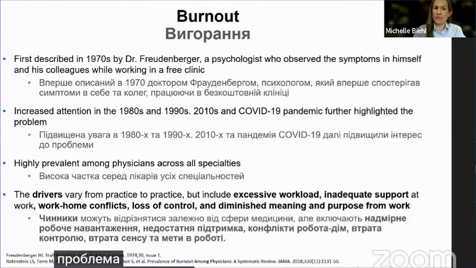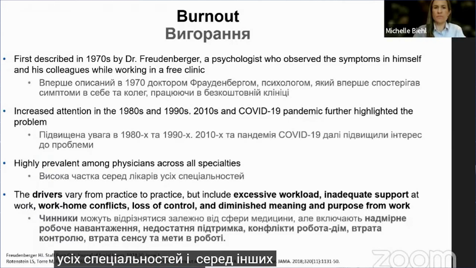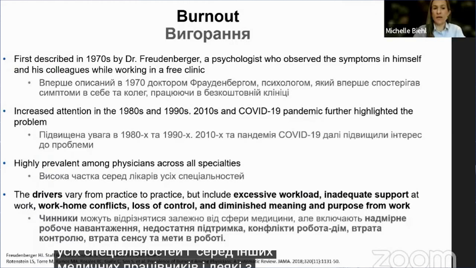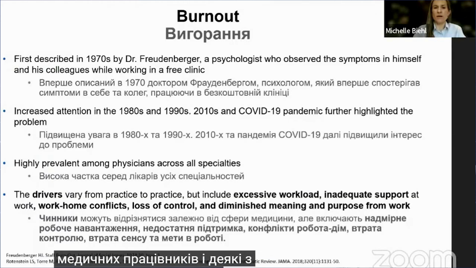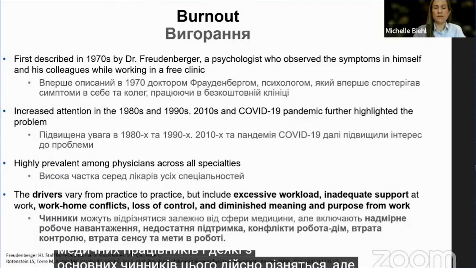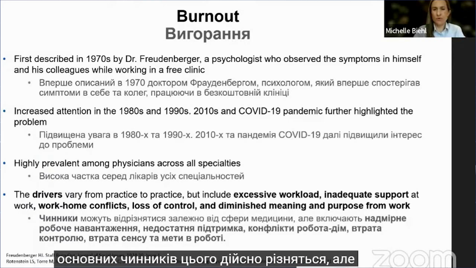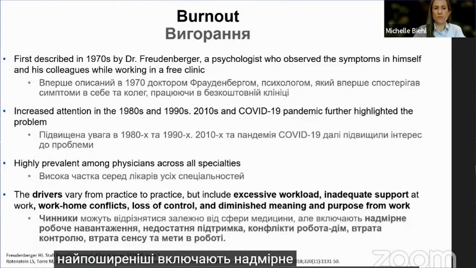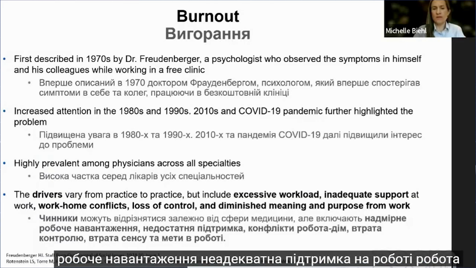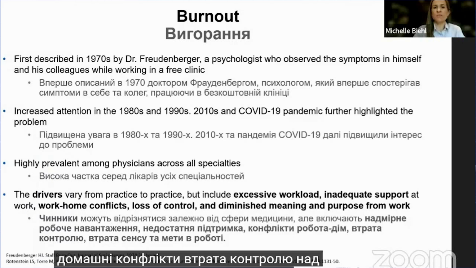It is extremely prevalent, unfortunately, among physicians across all specialties and among other healthcare professionals. Some of the main drivers vary, but the most common ones include excessive workload, inadequate support at work, work-home conflicts, loss of control of one's job or schedule, and diminished meaning and purpose from work. Next, please.